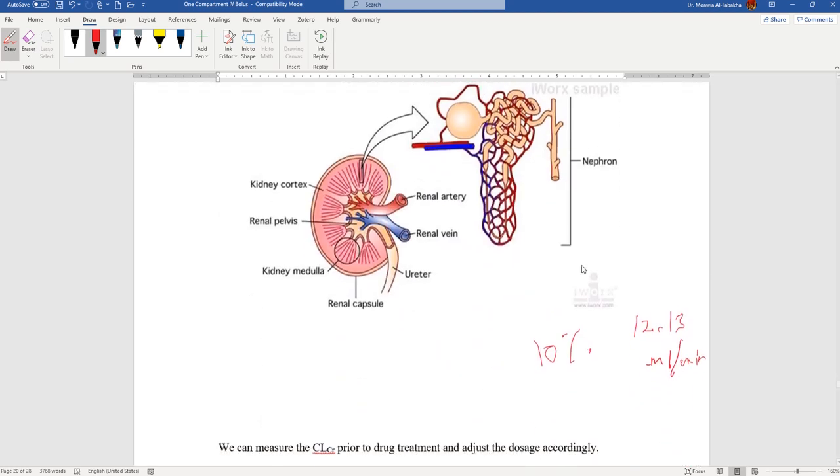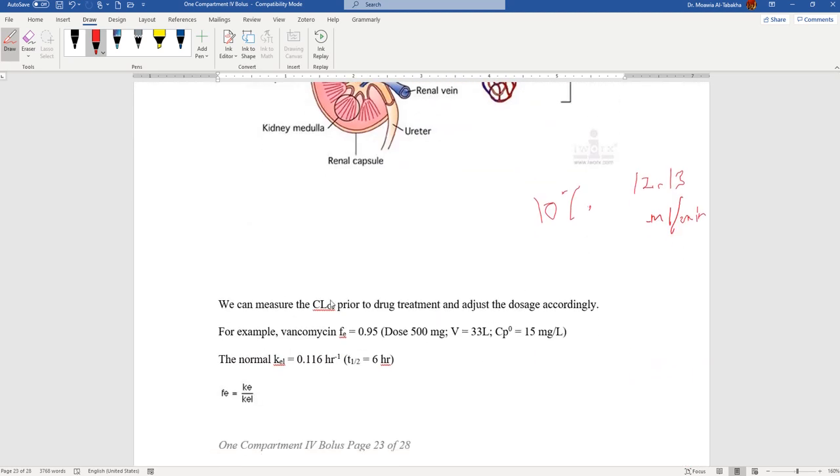So let's go back to the example. We measured creatinine clearance. It's 10% of the expected, the normal one.